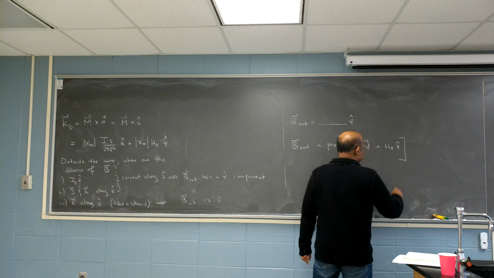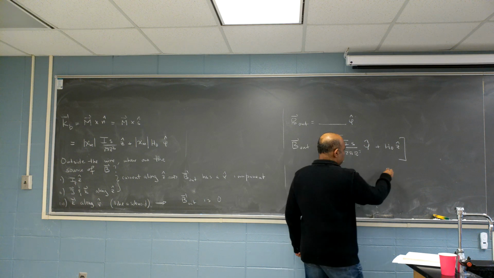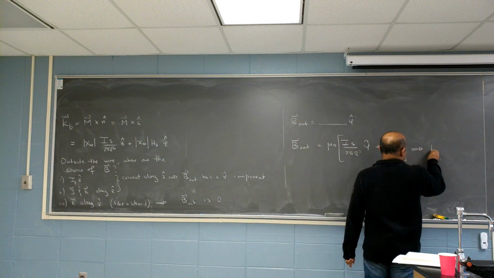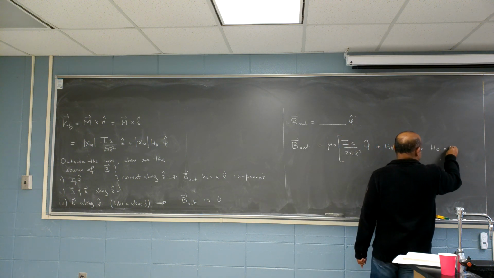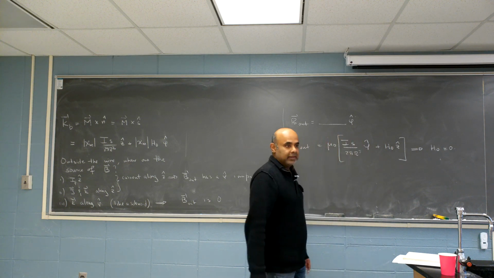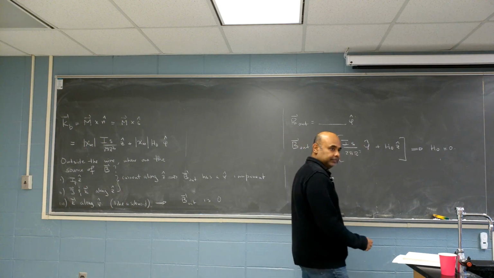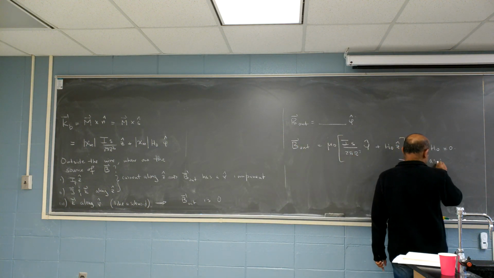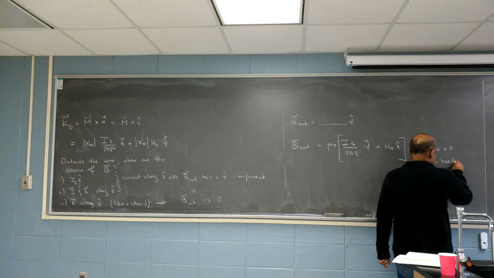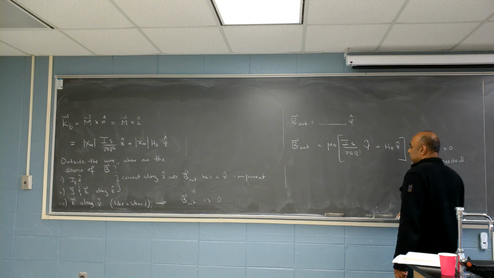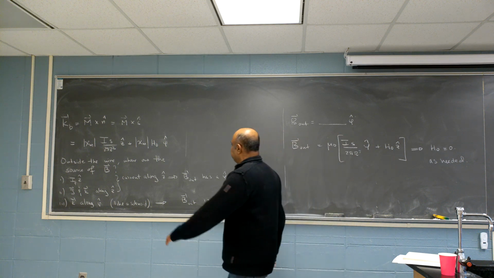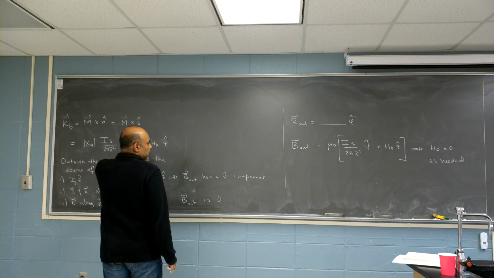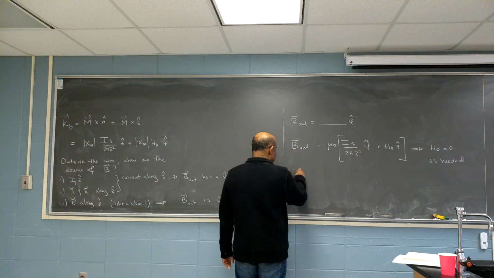What does that imply? H0 is 0. As needed. Now, I have KB over here. What is JB that I just erased?